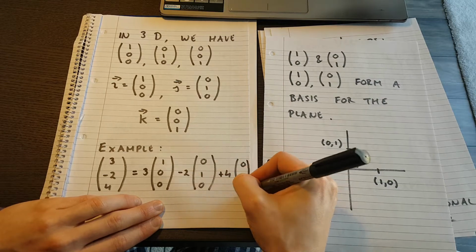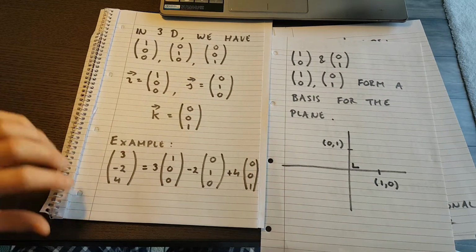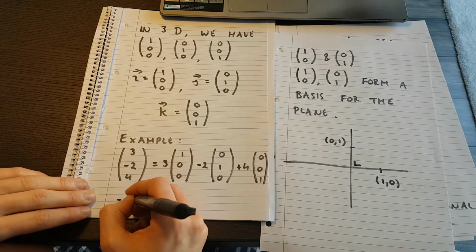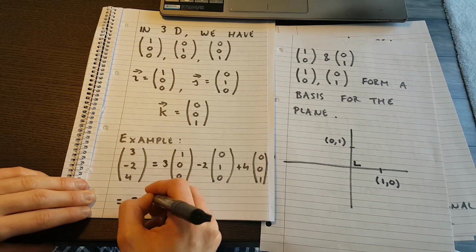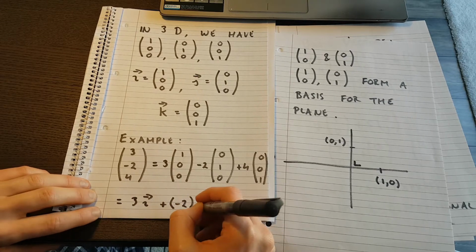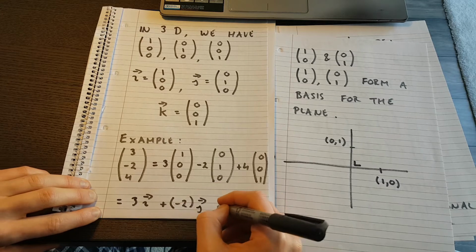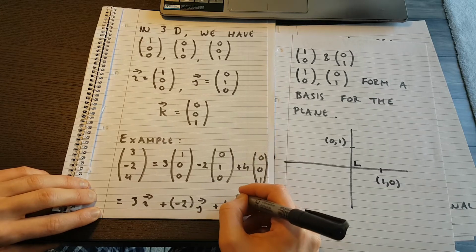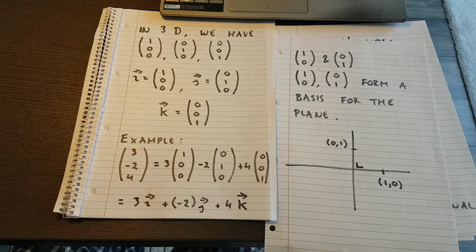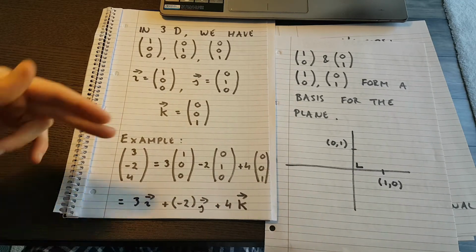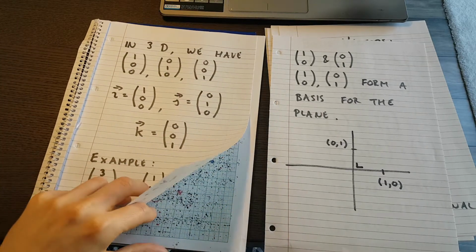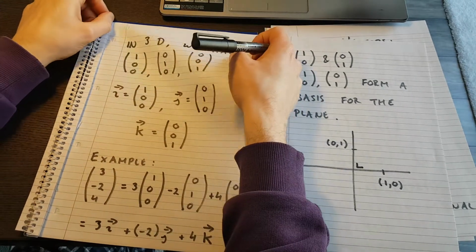From here, it's very simple just to change their names to these other vectors, and I end up with 3 times I, plus minus 2 times J, and then plus 4 times K. So I end up with something which fits on 1 line instead of 3 lines, which is one of the main reasons we do this.